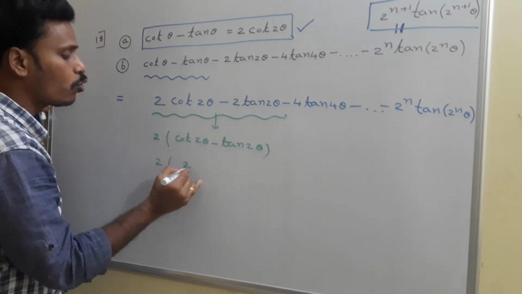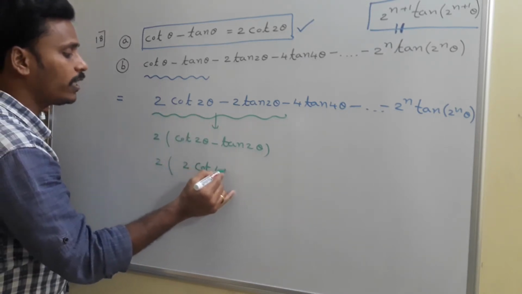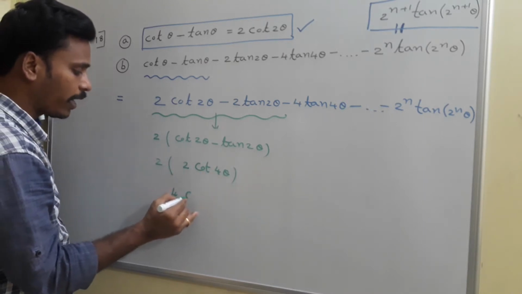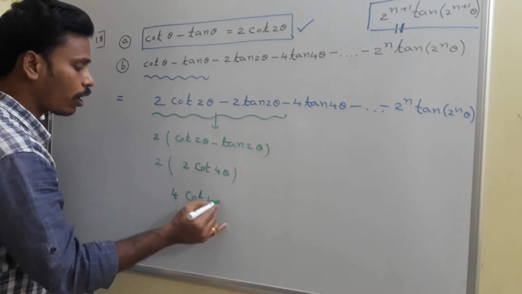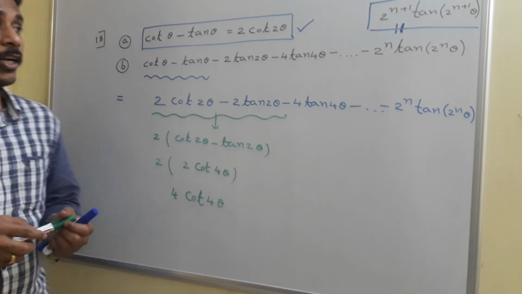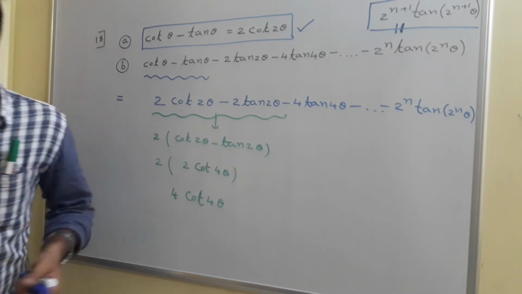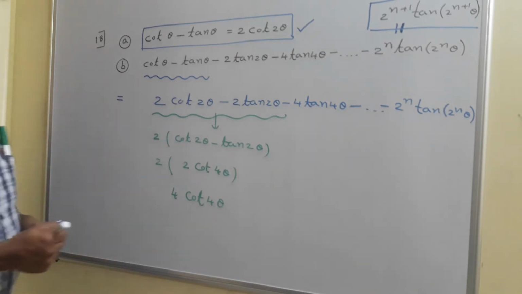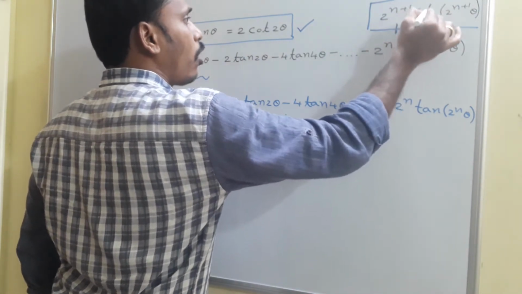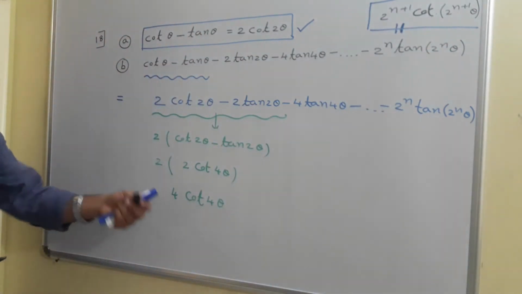It becomes 2 cot 4 theta, and 2 into 2 cot 4 theta becomes 4 cot 4 theta. Is it clear? I need to change the question also actually, I wrote something by mistake, so at the end I will change it. This is 2 power n plus 1 times cot of 2 power n plus 1 theta, I think we get it like that.